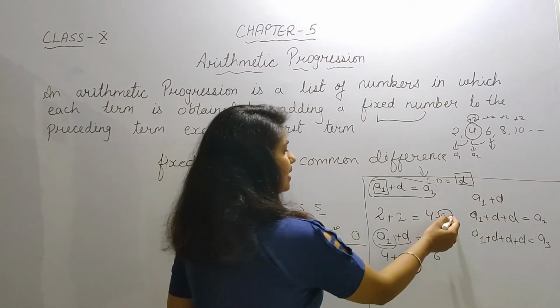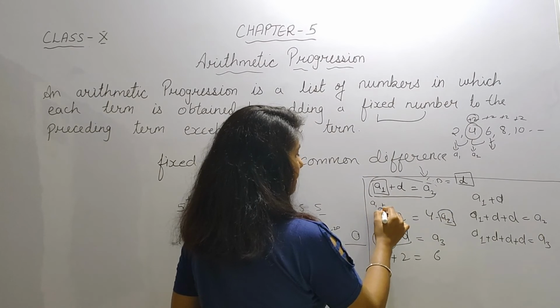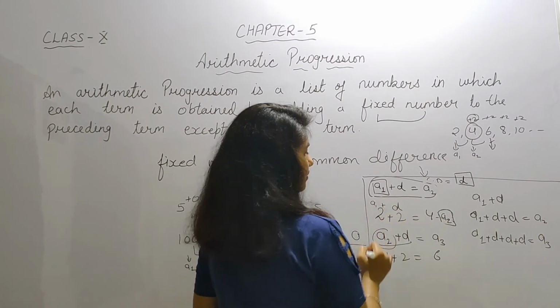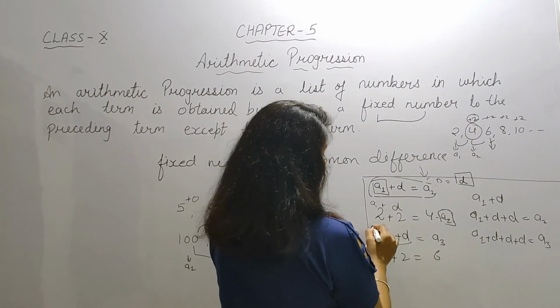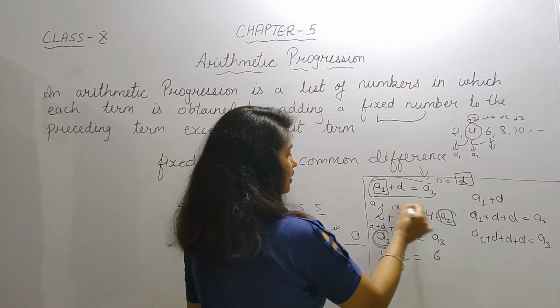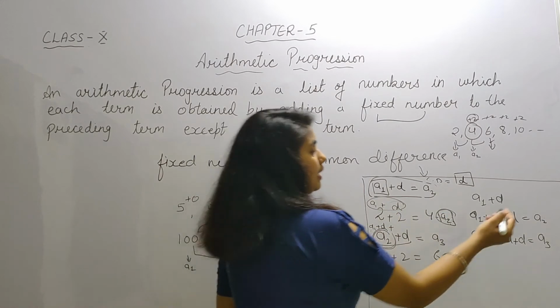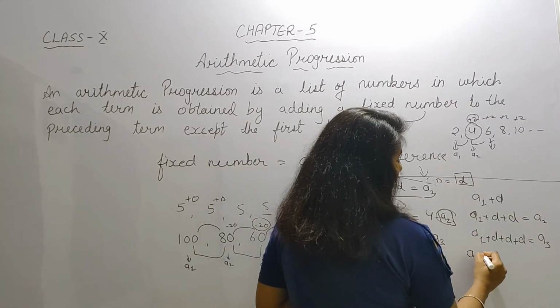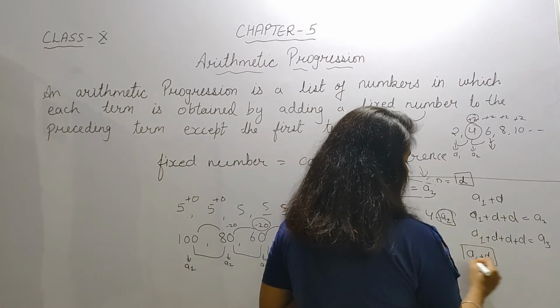Now what is A2? A1 plus D. And what is A2 plus D? A1 plus D plus D. So simply we write A1 plus D.